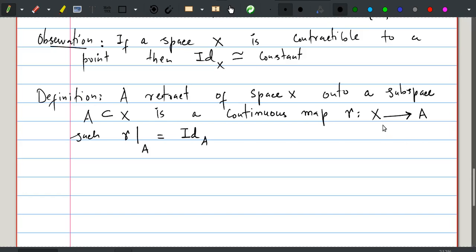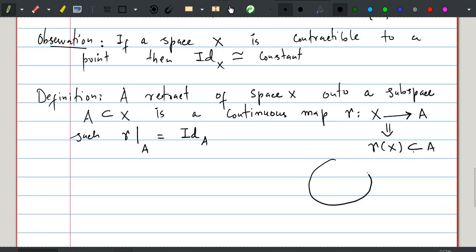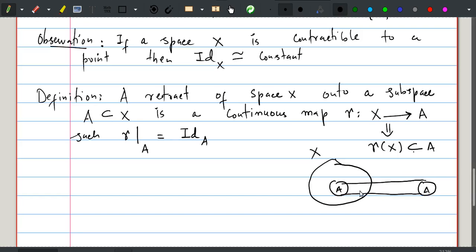Note that this implies R of X is a subset of A. So if this is the space X, and this is a subset A, this subset A is mapped identically to A, and these remaining points are mapped to A as well.